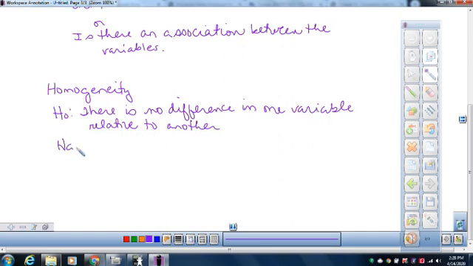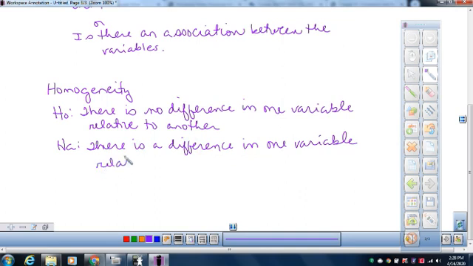And the alternative would be there is a difference in one variable relative to another.